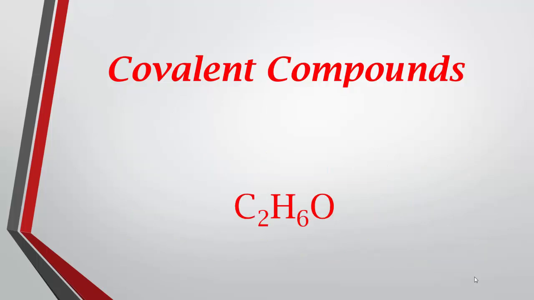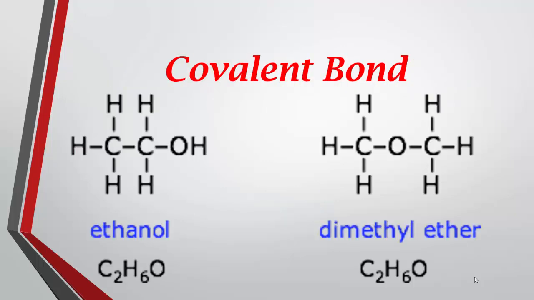So if you're given this molecular formula of 2 carbons, 6 hydrogens, 1 oxygen, C2H6O, there are actually 2 possible combinations. One is ethanol, the other is called dimethyl ether, and they have very different physical properties. They have very different chemical properties, though they are made up of the same elements. Think about making multiple structures out of Lego blocks.